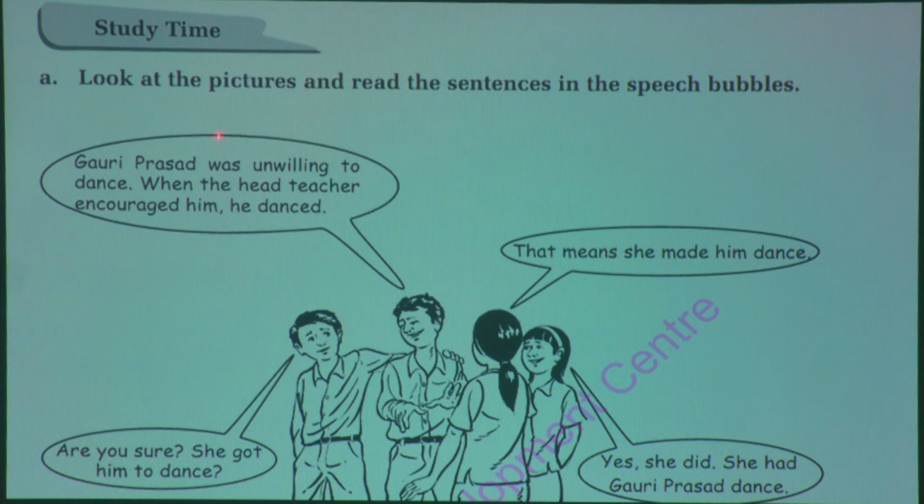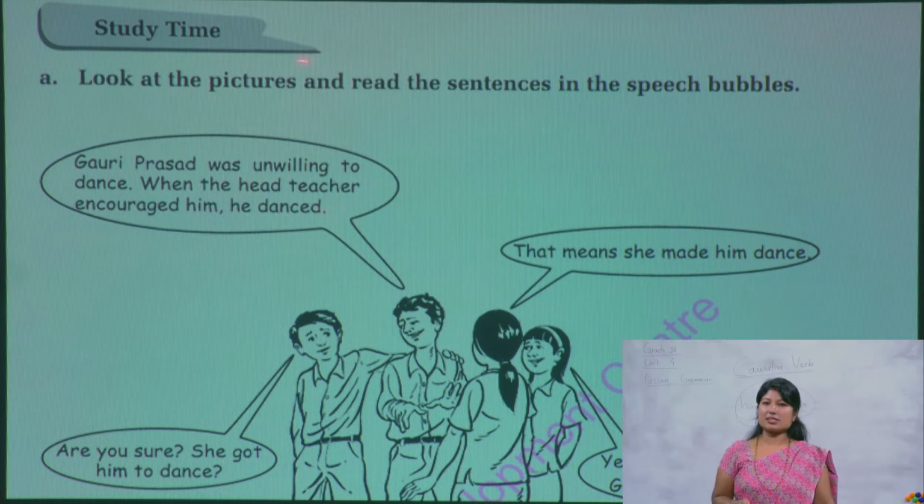Gauri Prasad was unwilling to dance. When the head teacher encouraged him, he danced. What does it mean? The head teacher caused Gauri Prasad to dance. Gauri Prasad did not dance himself because he was unwilling.